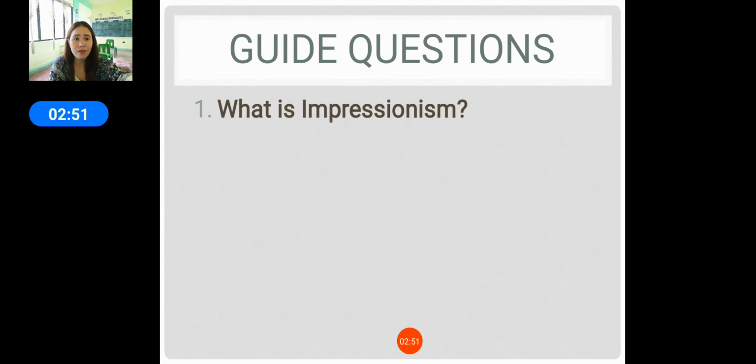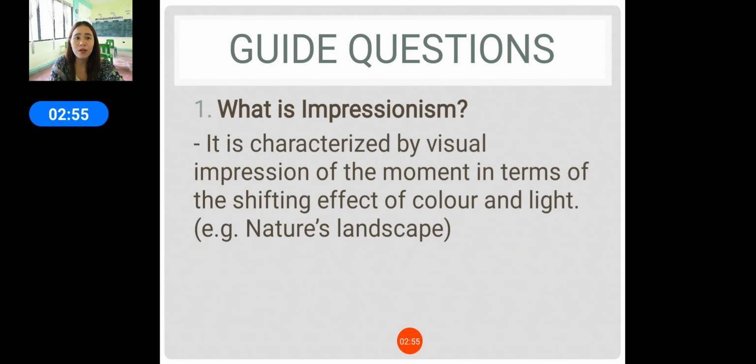Okay, so let's have the first question. What is Impressionism? It is characterized by visual impression of the moment in terms of the shifting effect of color and light. For example, the nature's landscape. So Impressionism is just a visual impression of the moment in terms of the shifting of color and light, and we are pertaining to the nature's landscape.